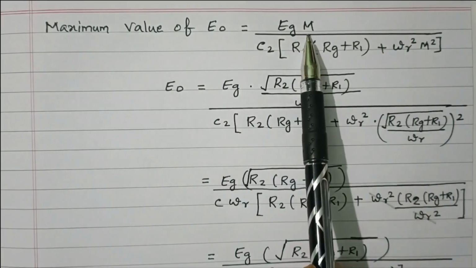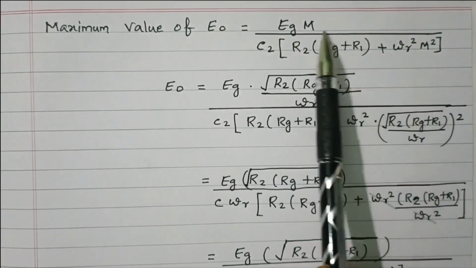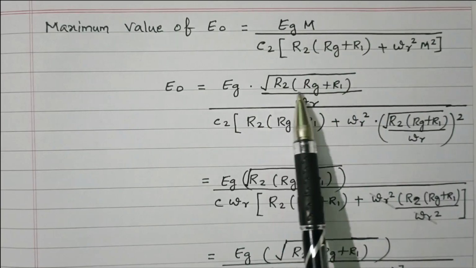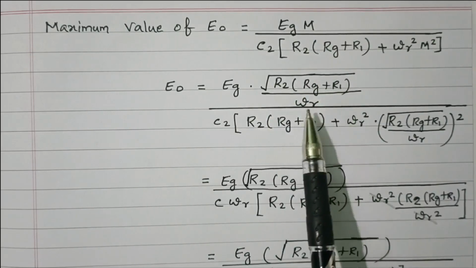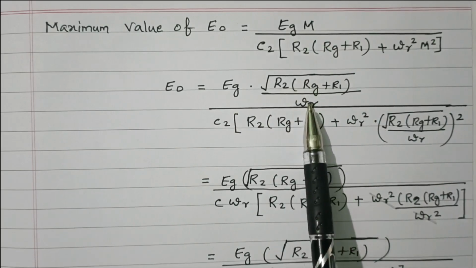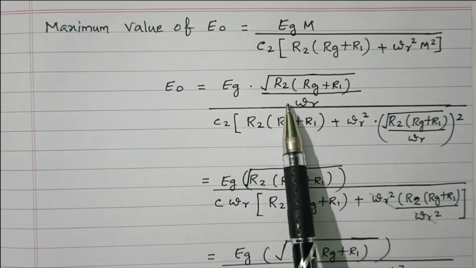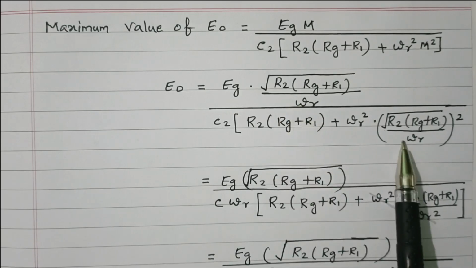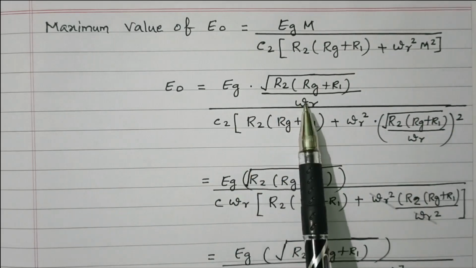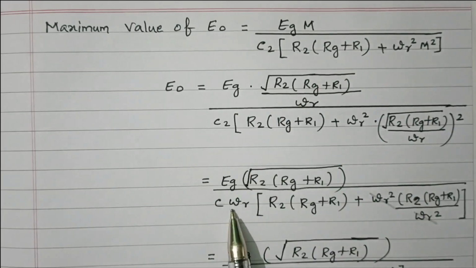In that we are going to substitute M. Here M is available in two places. So M is replaced by the square root of R2 of (Rg plus R1) divided by omega R. This is the condition we got by using the maximum value theorem. Here also it is substituted. Here M square is there, so this omega R is brought to the denominator.